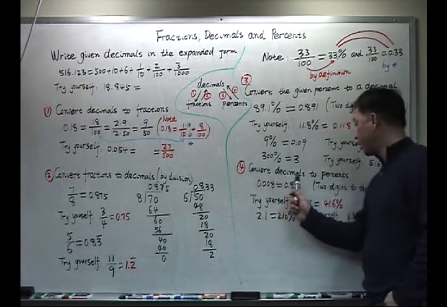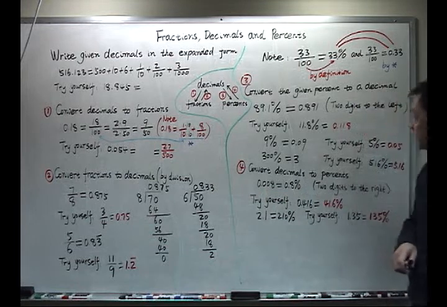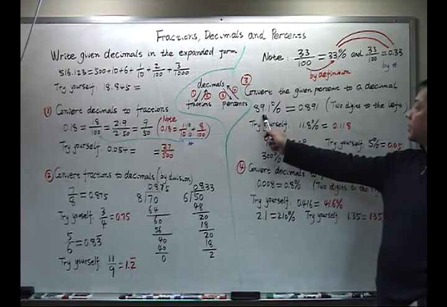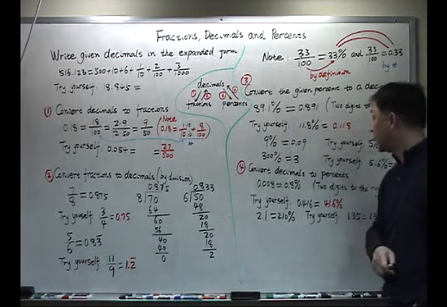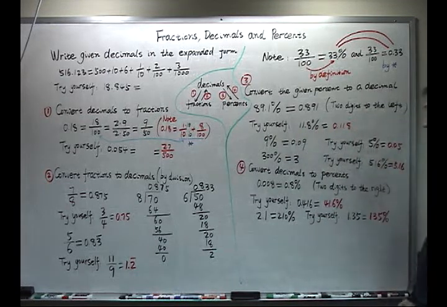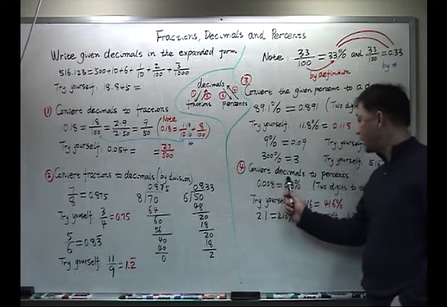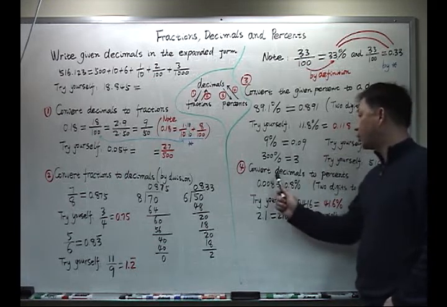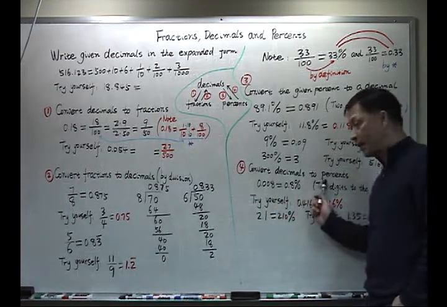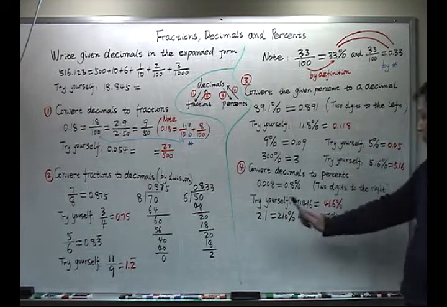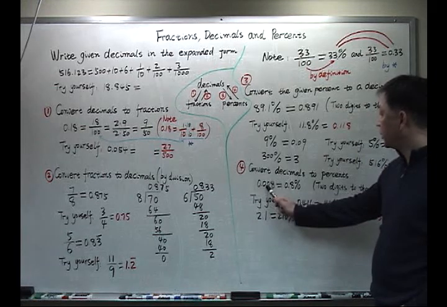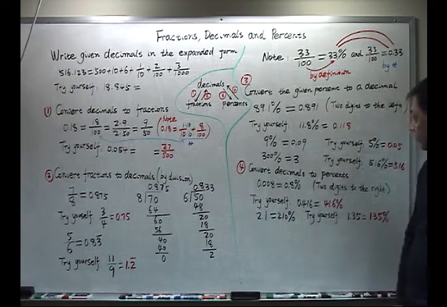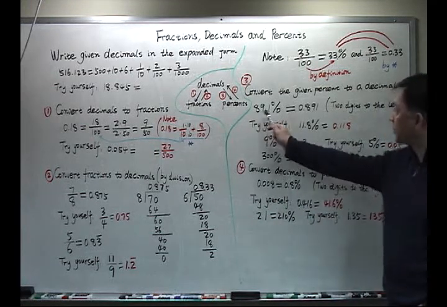Try this one yourself. Convert decimals to percent. We were given percent. We know how to convert to decimals. That's 2 digits to the left. Now, if you are given a decimal and you want to convert it to a percent, the decimal point would move 2 digits to the right. You see, here was 1, 2 to the left.